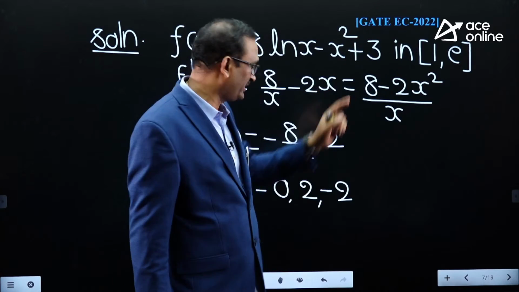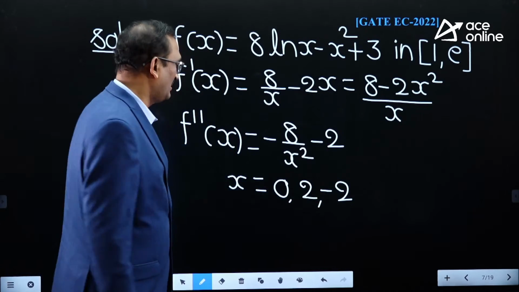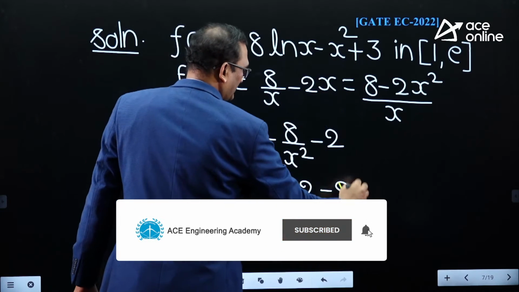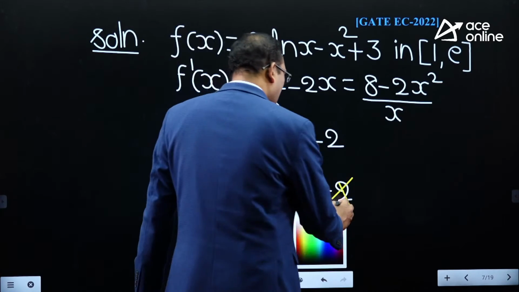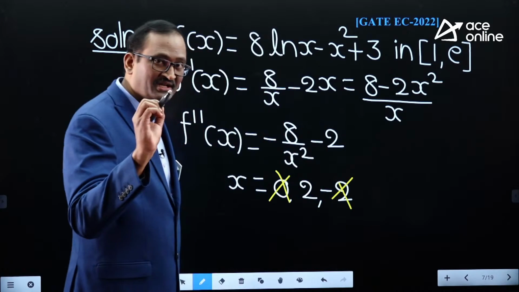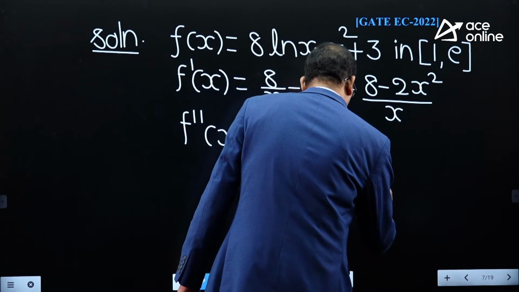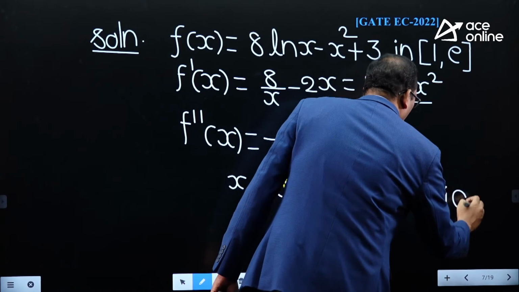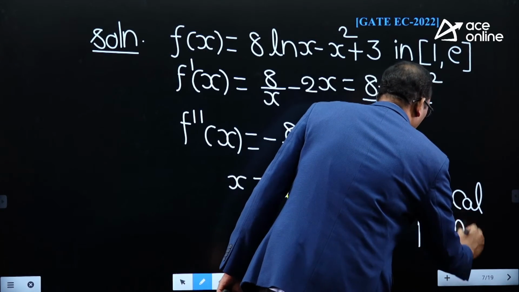Rest of the critical points should not be taken into consideration. x equal to 0 lies outside that interval, minus 2 lies outside that interval, not required. That's why I said find the interior critical points of the function. Interior critical point means your critical points must lie inside the given interval.